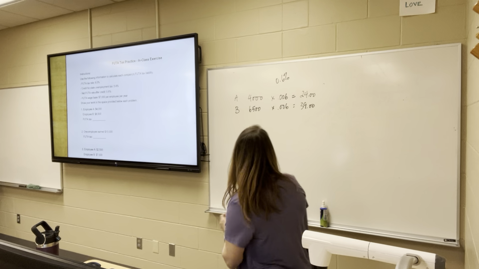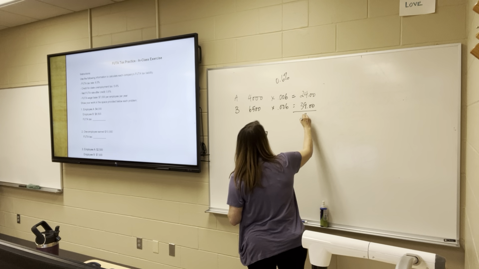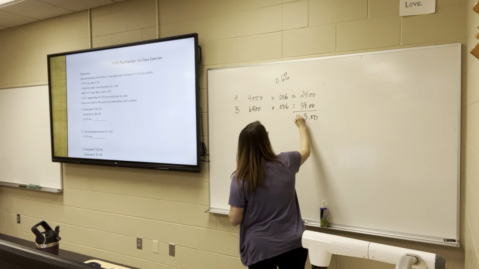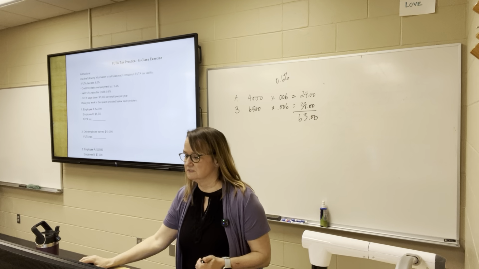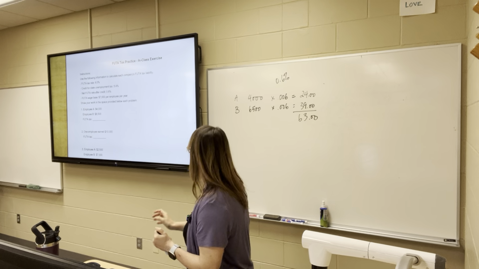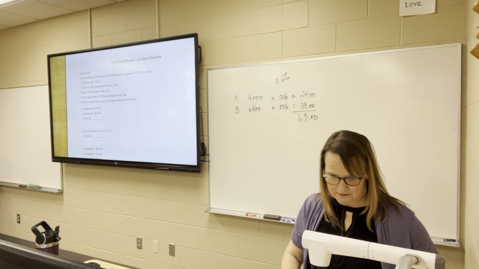Yep, 39. So we add both of those up, total tax liability, $63. Right. So that's how much they're going to pay. Oh, I guess you couldn't see my calculator. That's all right. Okay, next one.